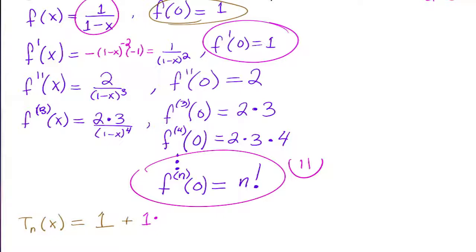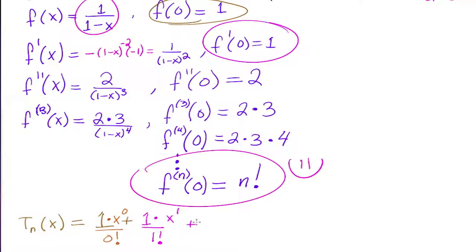Technically, let's write this out. You don't write it like this, but technically, we'll write it out this first time. So f of a is 1 times x to the 0 over 0 factorial. We never write it like this because it's silly to write down x to the 0, which is 1, and 0 factorial is also the number 1. And the next one is 1 times x to the 1 over 1 factorial.